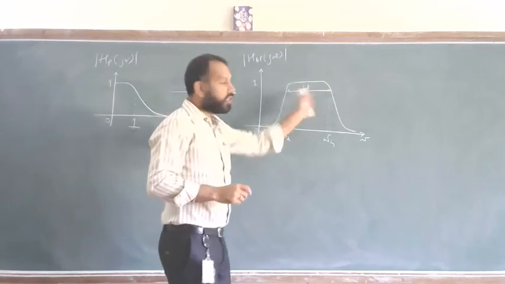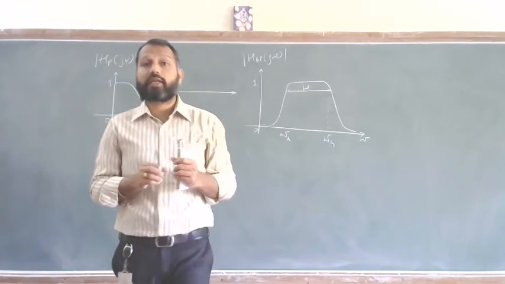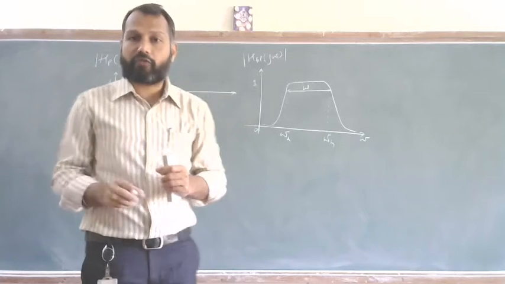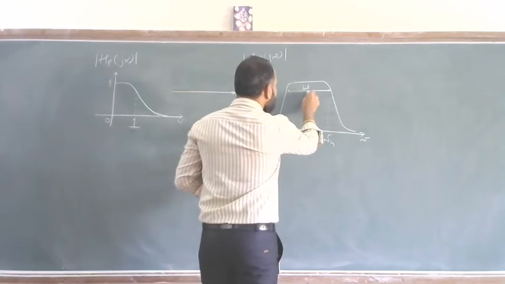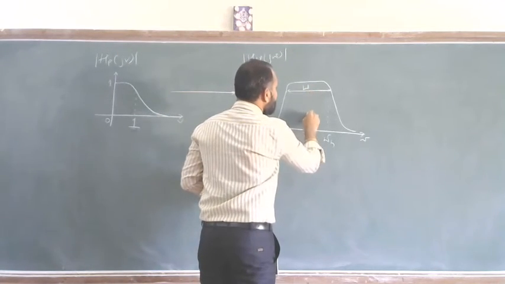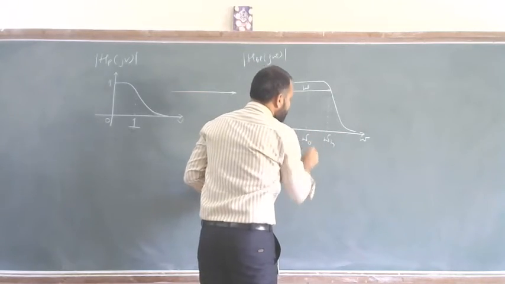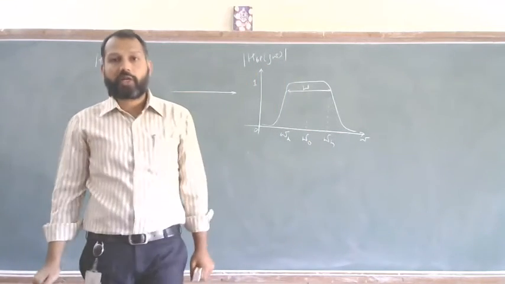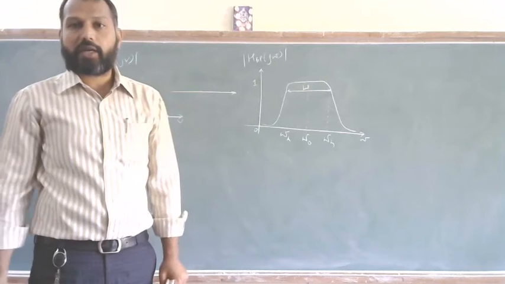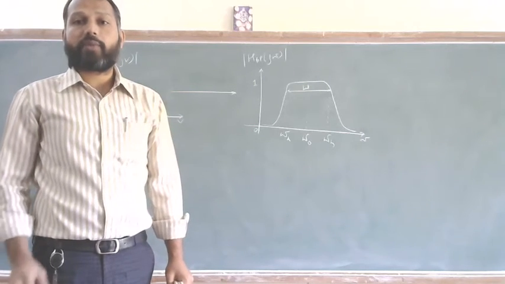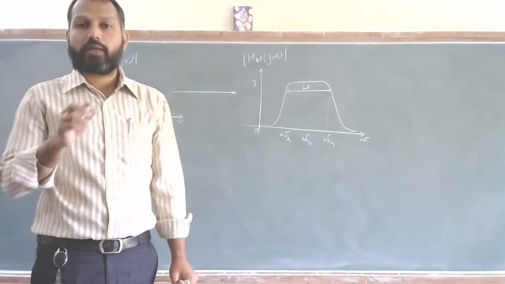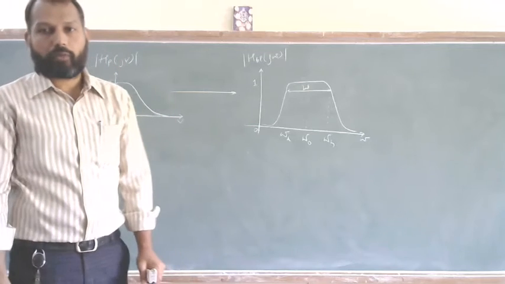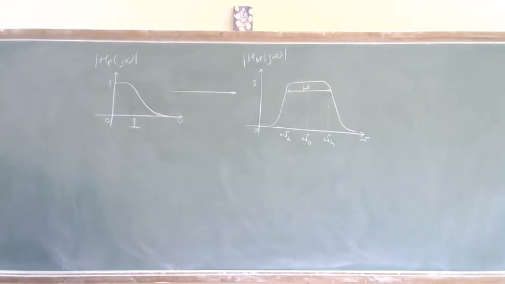And between these two, we will have a geometric center frequency, which will be the center of this passband, and it will be denoted by omega subscript 0.